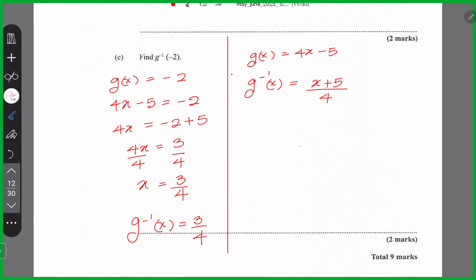So once I find g inverse of x, I could then say g inverse of minus 2 would be equal to minus 2 plus 5 over 4, which is still 3 over 4. So this would be an alternative approach. And this brings us to the end of this question.